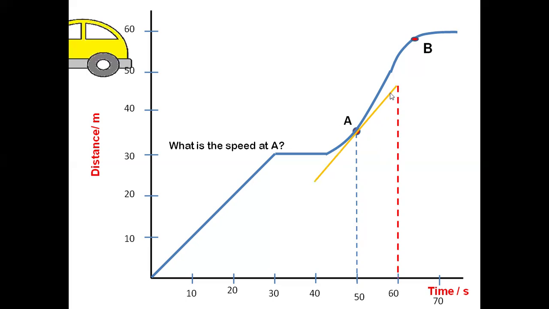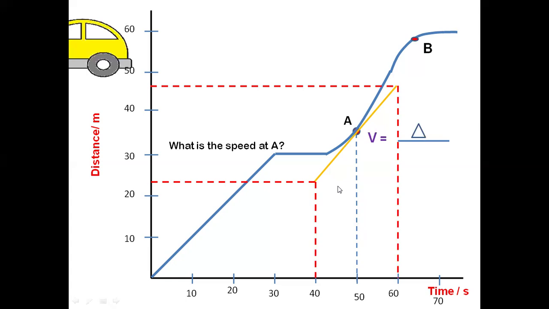You can take any point on one side and the corresponding value on the y-axis, that is distance. So it is about 46 and time is 60. This is y2 and this is x2. This is 40, and what is the distance covered at that time? It's around 23. So now we have to find out the gradient of this tangent. That will give us the velocity at point A, or velocity at the time of 50 seconds.